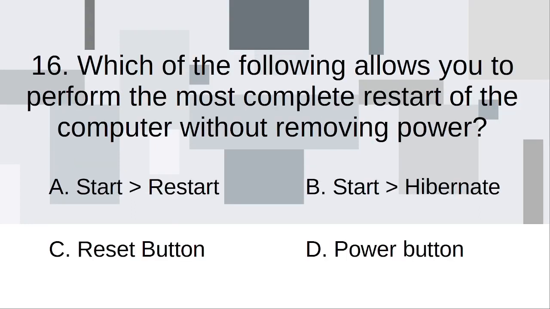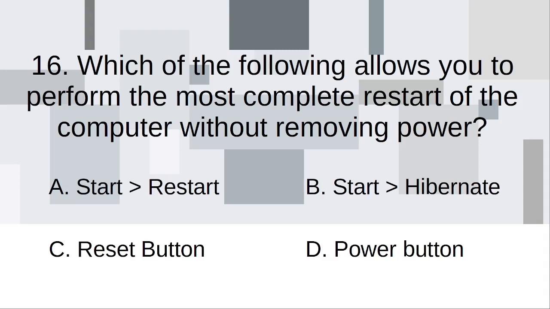Number 16 says, which of the following allows you to perform the most complete restart of the computer without removing power? You have A. Start, restart. B. Start, hibernate. C. Reset button.